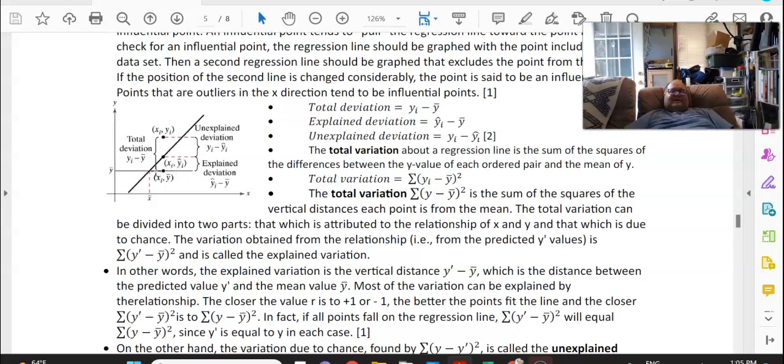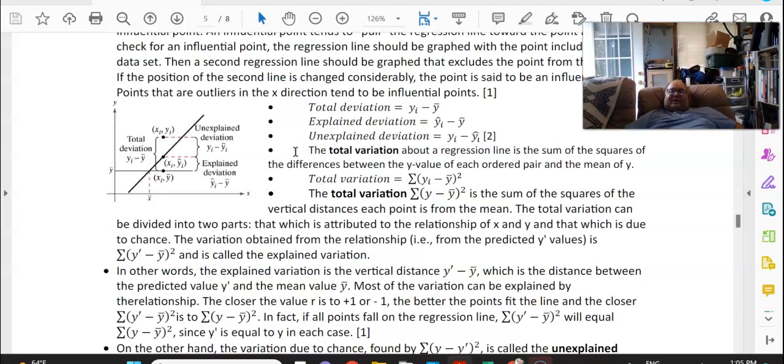The difference between our mean y and our observed values is our total deviation. Our explained deviation is the difference between the predicted value and the mean, and the difference between our observed value and a predicted value is our unexplained deviation.